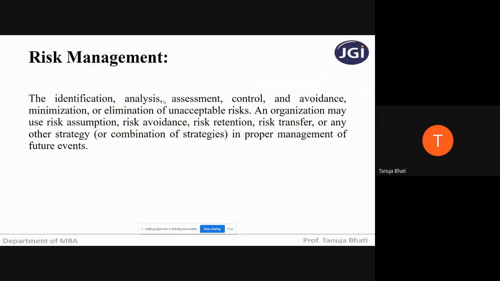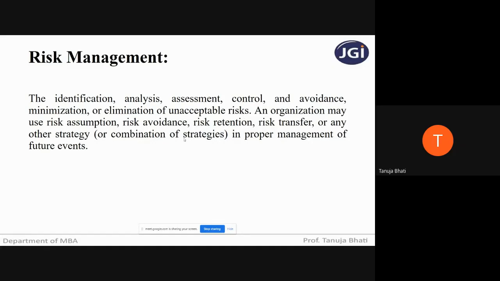Once you know what is the financial risk, you will take means and measures to control that particular risk, and avoidance, either you avoid the risk completely or you minimize it, or elimination of unexpected risk. So risk management basically starts from identifying the risk to analyzing it, assessing it, controlling it, and after knowing whether it can be controlled, whether that risk can be completely avoided, eliminated, depending on that you're going to manage the financial risk.